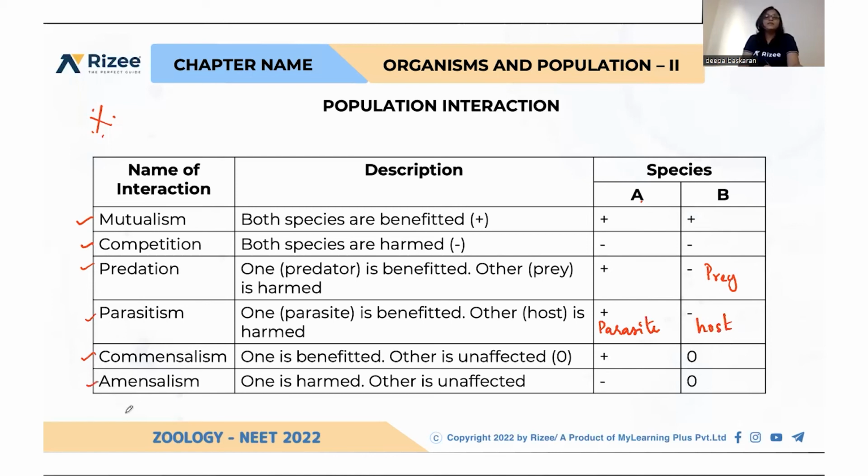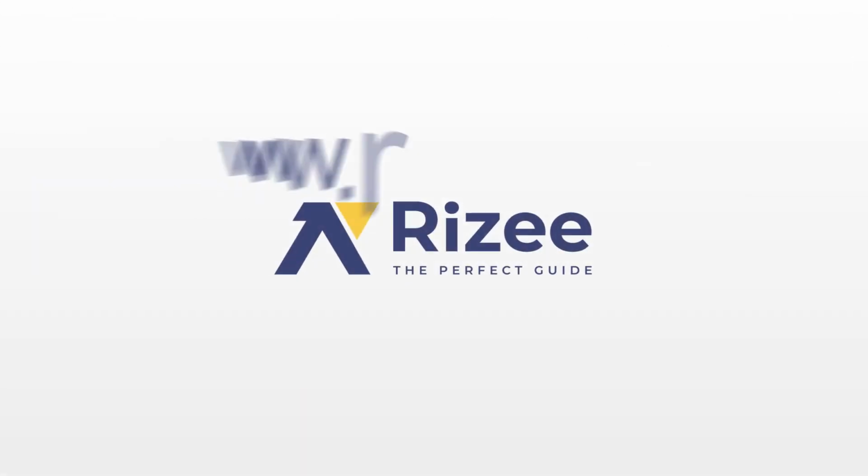And amensalism: one is affected, another one is not affected or benefited. In these two, there is no benefit or no harm for one kind of population. In commensalism, the other kind will be benefited, and in amensalism, the other population will be harmed.